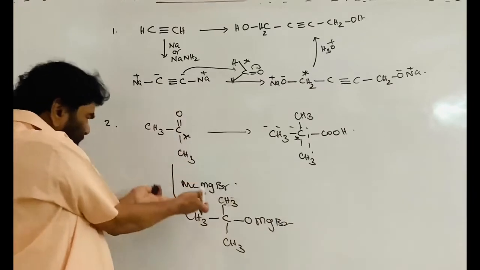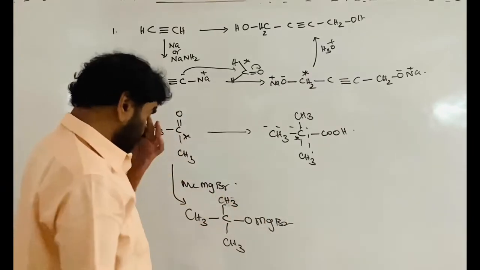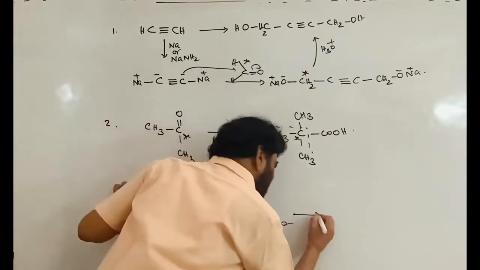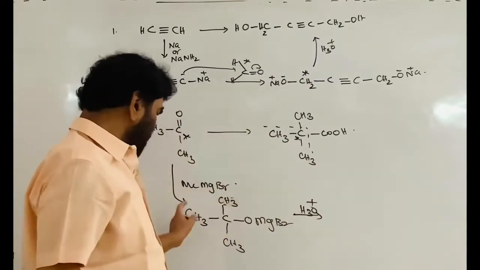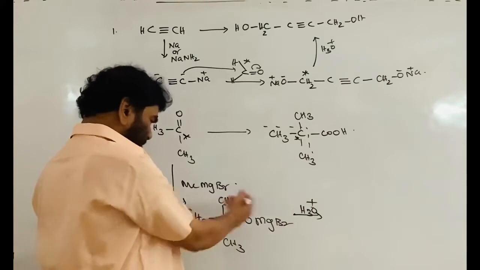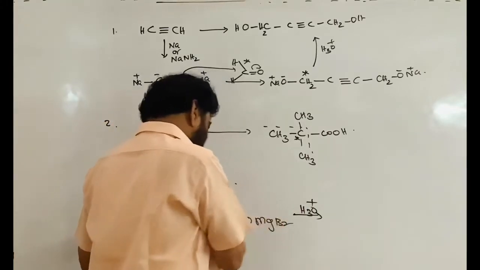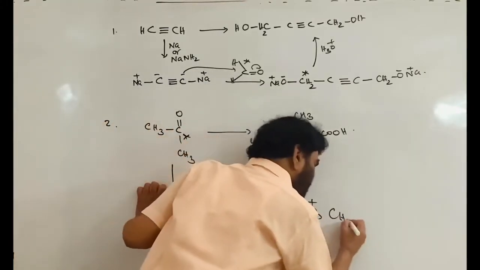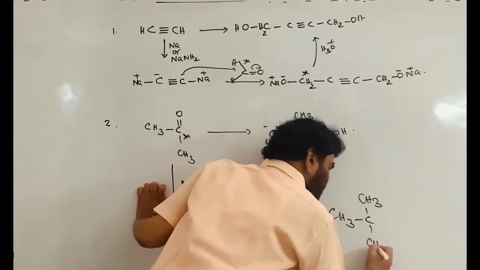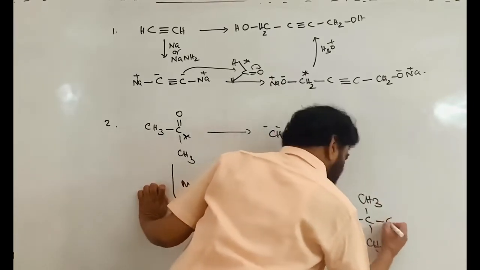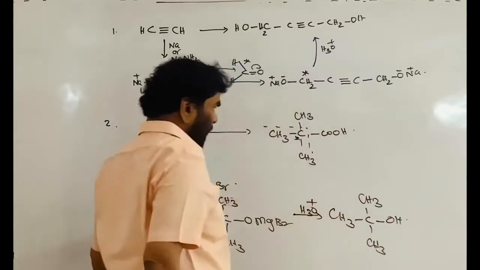Acetone is treated with methyl magnesium bromide and this product is formed. On treatment with acidified water, hydrolysis takes place, and this salt is converted into the normal form. Tertiary butyl alcohol is formed. I think it is clear up to this.